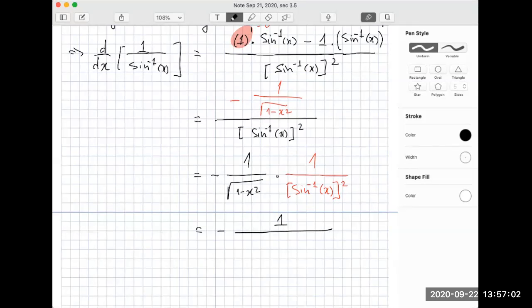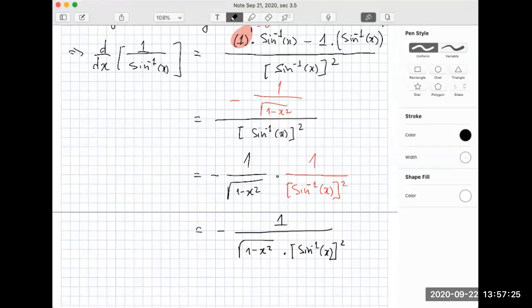And the denominator will be the product of these two. Okay, is it clear? Yeah, it's not difficult. Just do it slowly, and you'll get it.